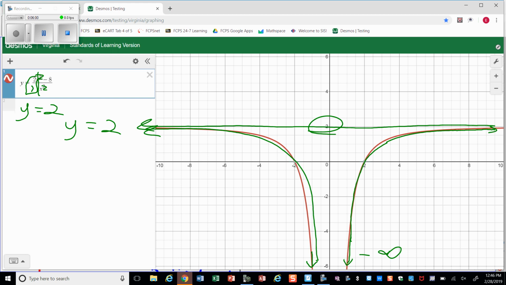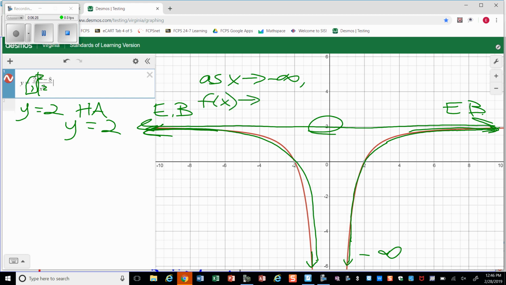And you see how it levels off there. To get your horizontal asymptote, you just look at your end behavior. Your end behavior always tells you your horizontal asymptote: y equals 2. And if I'm describing my end behavior, I could say as x approaches negative infinity, on the left-hand side, f of x is approaching 2.